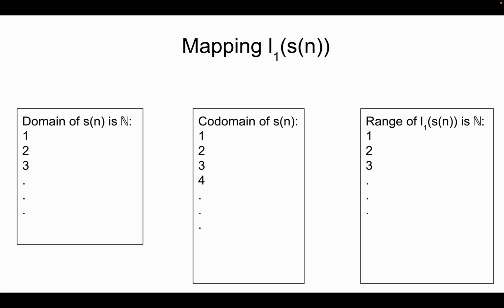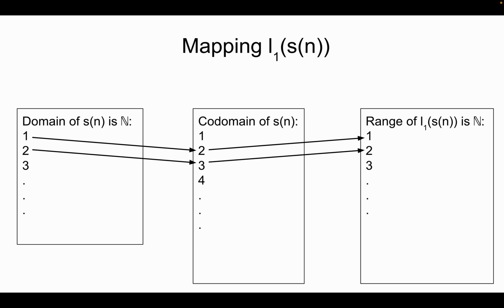For S of n, 1 maps to 2, and then using L sub 1, 2 will map to 1. 2 will map to 3, which will then map back to 2. 3 will map to 4, which will then map back to 3.